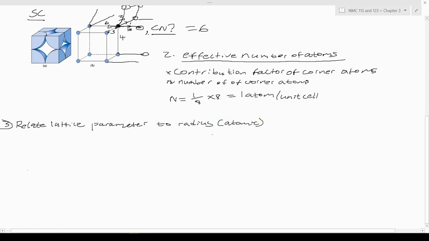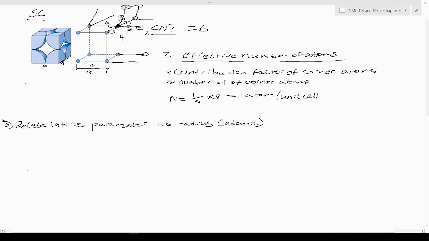In this case, if you look at the sketch on the left hand side, the stick model, you can see that these atoms are actually touching each other, and this is the lattice parameter. This is A. From here to there, it's A. This entire distance here is in fact A, right?